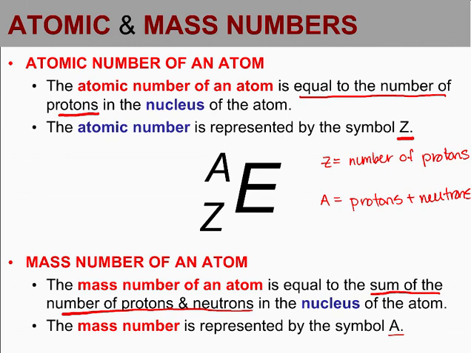So in the middle, we can see a symbol for a particular element, and we're just using a generic capital E. And then on the top left, we have A, which is the mass number.